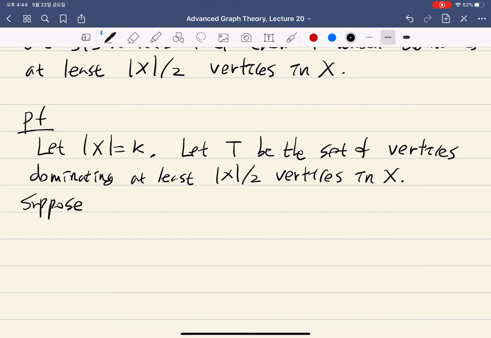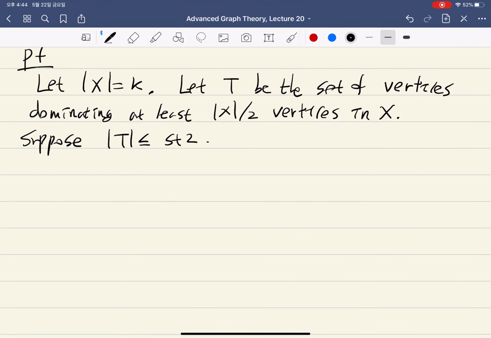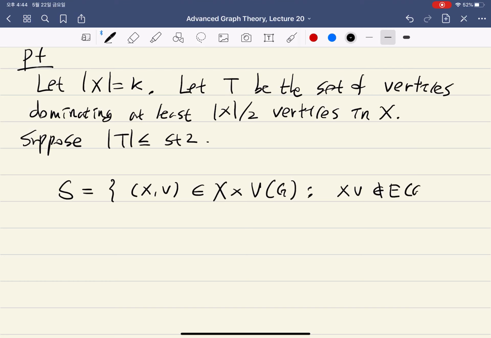Suppose we don't have enough, so T is at most s plus 2. Then we would get a contradiction because let's say S is the set of pairs of vertex x and v such that x is in capital X and v is an arbitrary vertex in G, so that xv is not an edge.